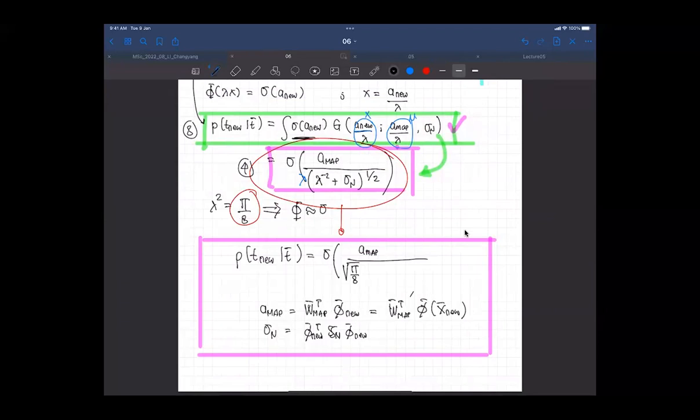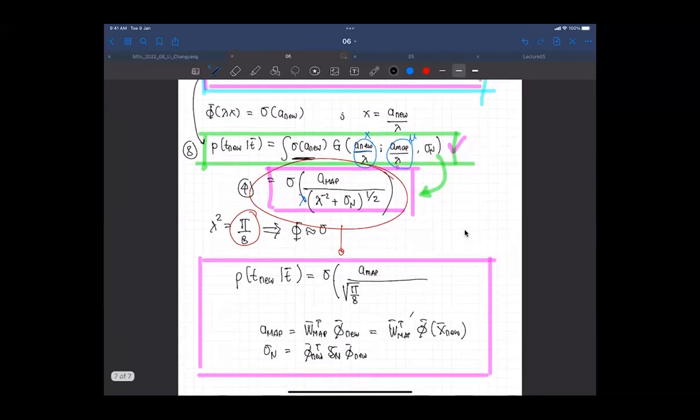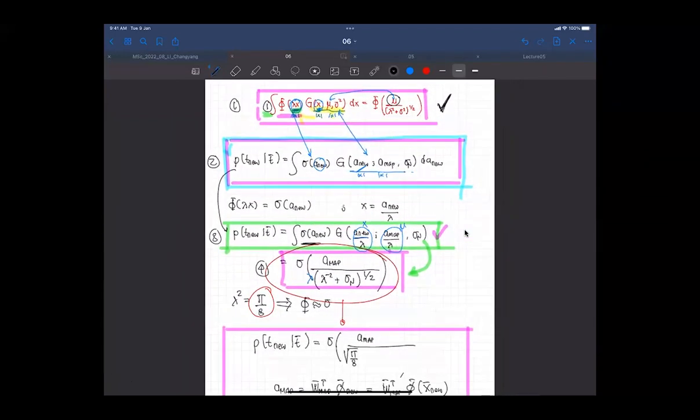Sorry? Sorry, which one am I wrong? Which one? 1, 2, 3, 4? Which equation? Equation number 3. Oh, equation number 3. Okay.